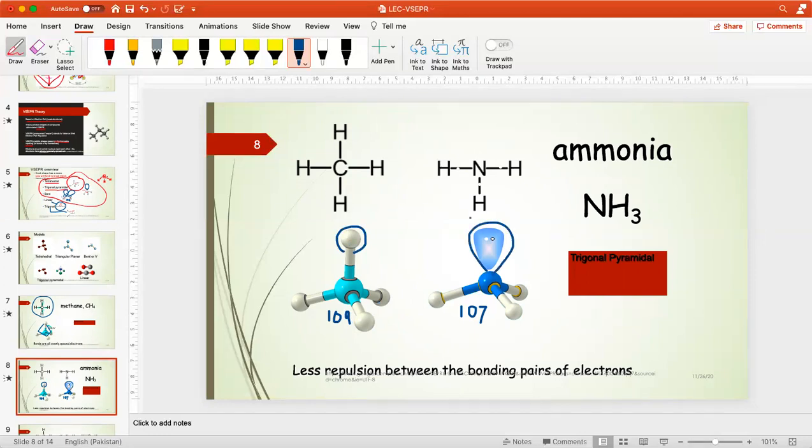So that's why the angle decreases in ammonia and here the angle is 109. So ammonia का जो structure है, that is known as trigonal pyramidal, less repulsion between the bonding pairs of electrons. यहाँ पर, so that's why the angle is 109 and here the angle is 107.